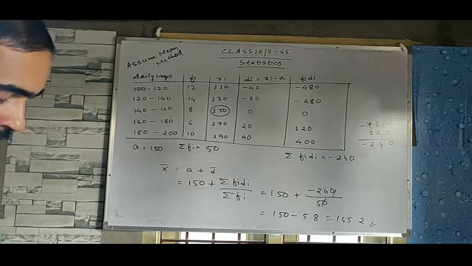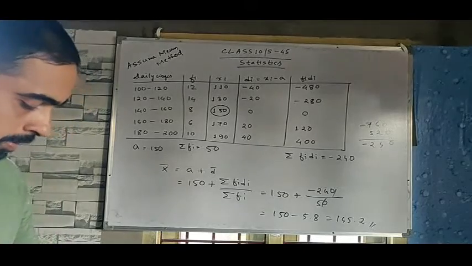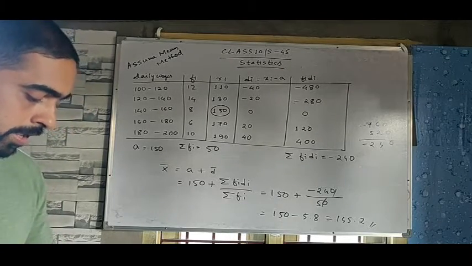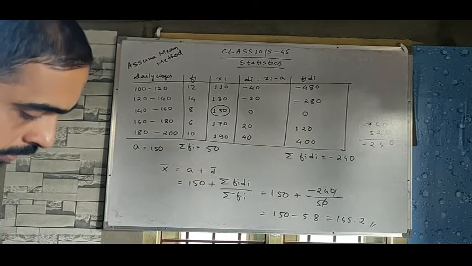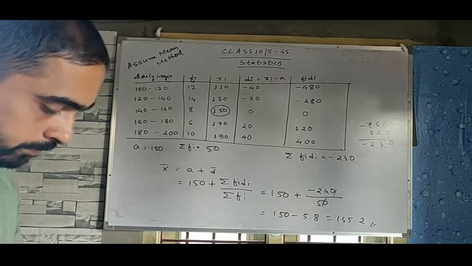Now the next one we will do: a table is given whose mean is 18, and we have to find the missing frequency, that is f. First write down the table.